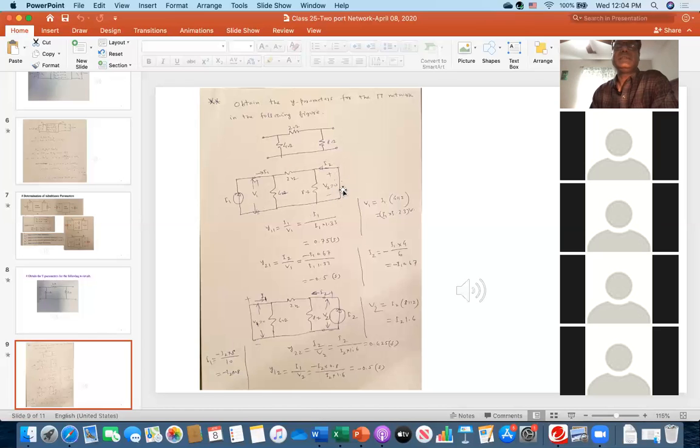What's the condition? Because the right side is shorted, this means the 8 ohm has been shorted out. So only 2 ohm and 4 ohm are remaining. What is their equivalent? The 4 ohm will be in parallel to the 2 ohm. So V1 is I1 multiplied by the parallel combination of 4 and 2.